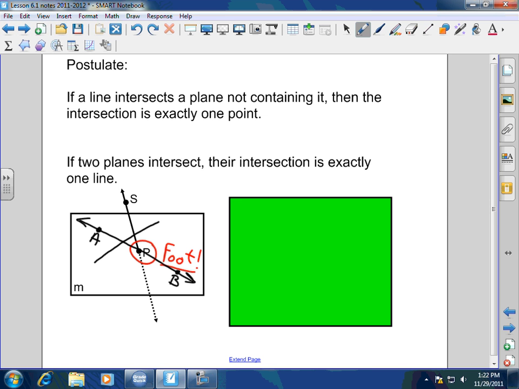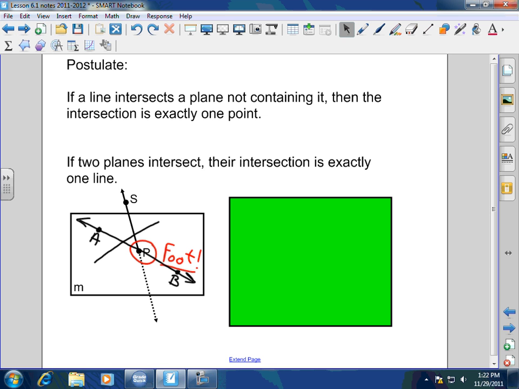Now, if two planes intersect, their intersection is exactly one line. Now, in this one, my drawing is horrible, but think of the room that you live in, or the house you live in, or the room we're learning in right now. Look at this wall, please, guys.